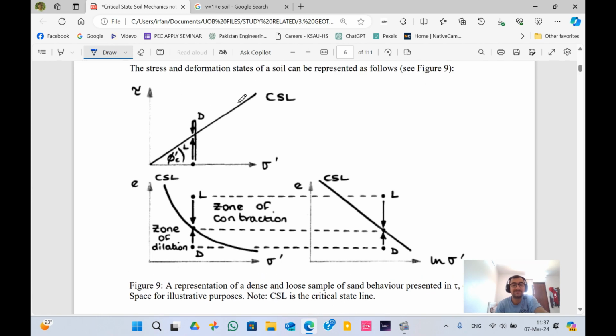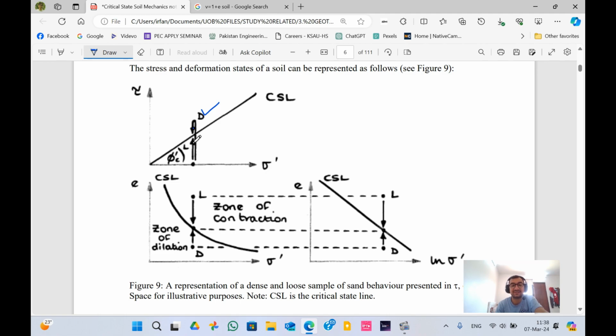If the soil is undergoing a stress, for dense soil the shear will go up, reach the critical state line, overtake it, and come back. But for loose soil, it will go up and reach the critical state line. That's it.